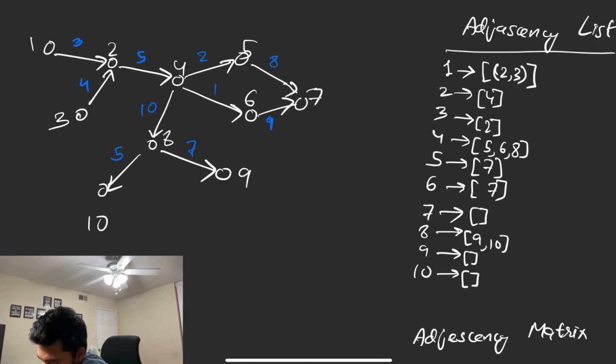So for 2, you would have 4 comma 5. Essentially it's the exact same thing as whatever we just did, but for each individual element, you would just add a comma and then the weight, and make a tuple.